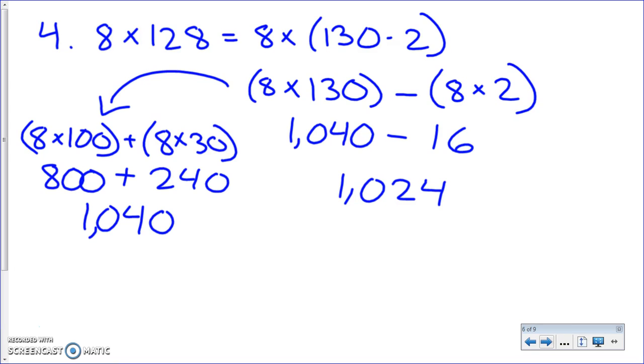So then you get 1040 minus 16, which gets you 1024. The exact same thing we did before, it's just using subtraction instead of adding for the distributive property. Both are acceptable ways to use it.